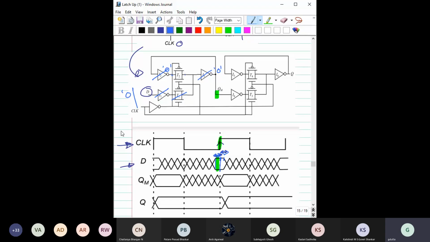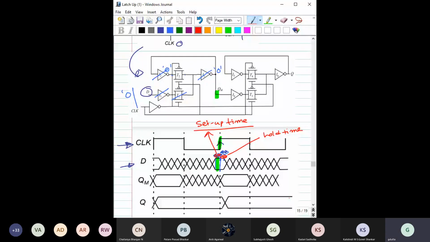Okay, here I think I should write one thing. See, this time is called the setup time. After that, it has to hold for some time, right? So from the name itself, it is the hold time.